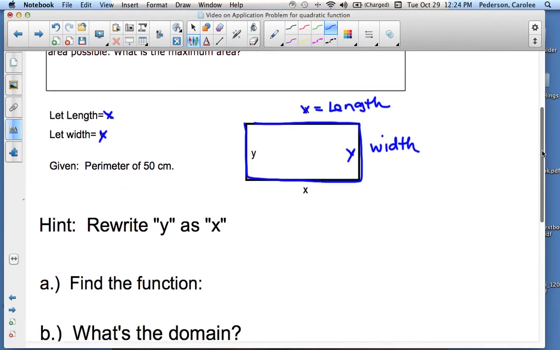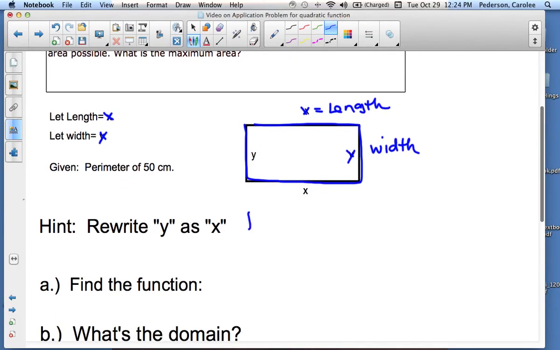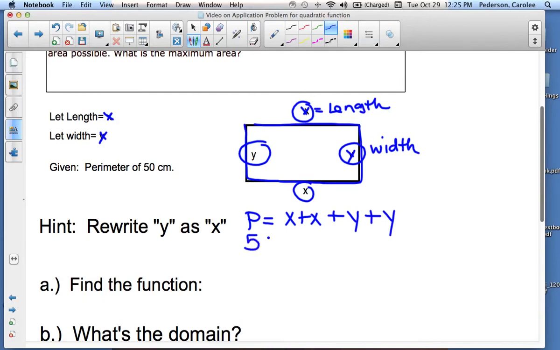So let's write the equation for the perimeter. Perimeter is taking x plus x and y plus y. And the perimeter is 50. So 50 equals 2x plus 2y.